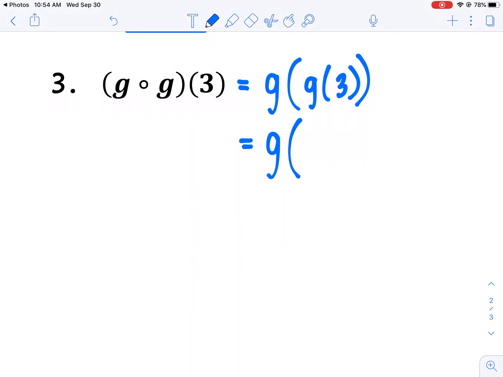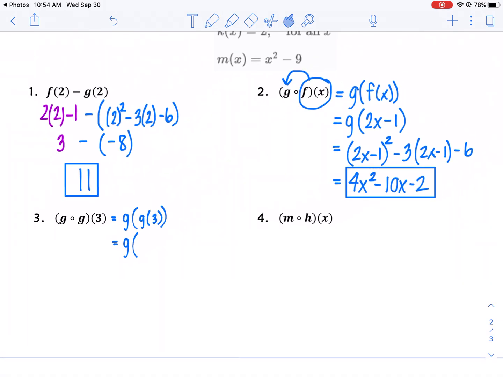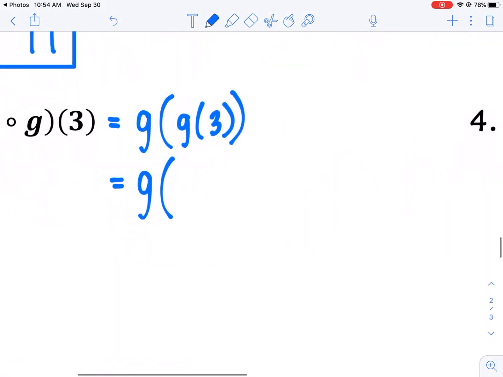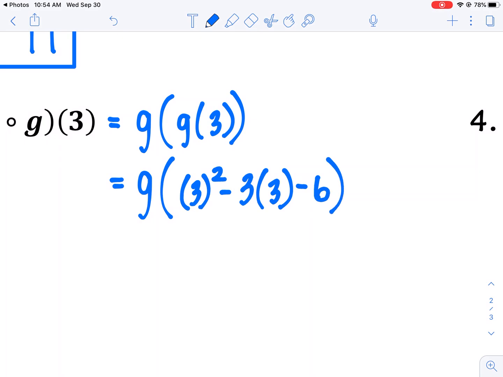G of 3 means I take my g function, which is right there, and plug in a 3 everywhere I see an x. So this would be 3 squared minus 3 times 3 minus 6.